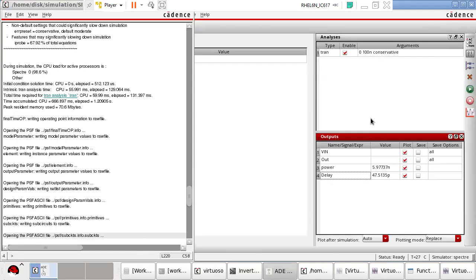Now the dynamic power is 5.97 and the delay is 47.51. So the delay in the previous case was 47.04. Now this is 47.51. Delay has increased, but not the way we had an increase in the stack transistor. In the stack transistor, we had the dynamic power dissipation 5.95. And in sleep, we have 5.97. So there is a slight increase in the dynamic power dissipation also.